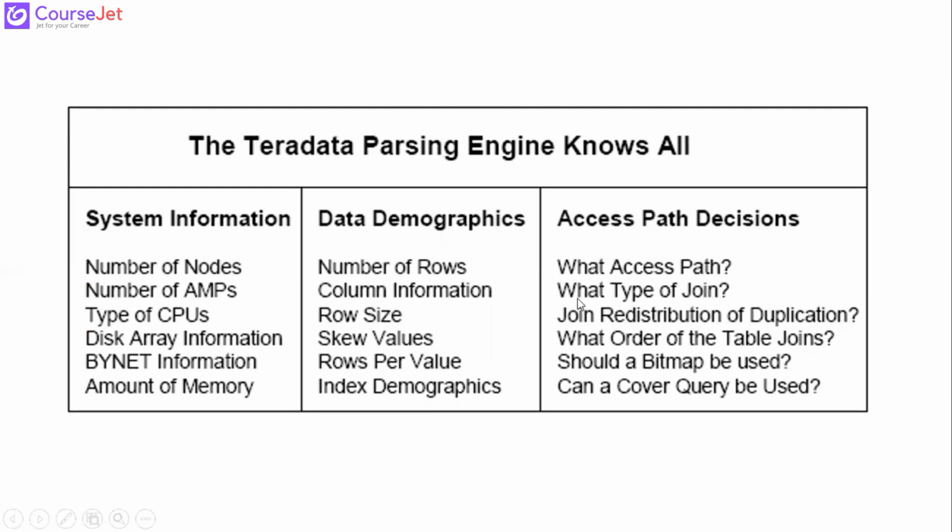Basically, your PE will have the knowledge of the entire system. That's how it is able to create the best plan to fetch the data without any issues. These access path decisions are what the PE makes: what access path, what type of join it has to do, how the redistribution of tables has to be done, and whether duplication has to be done.